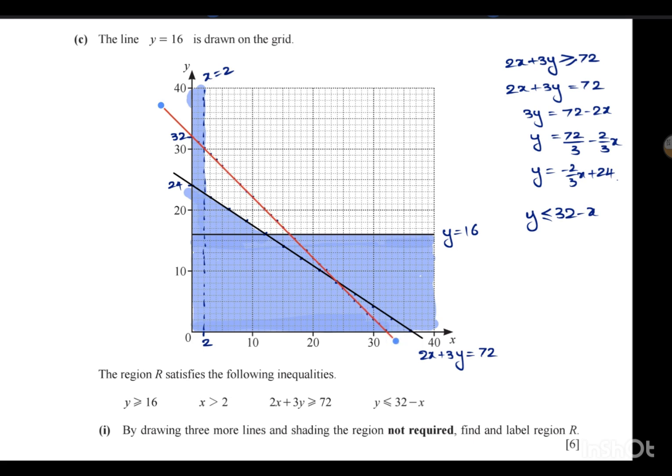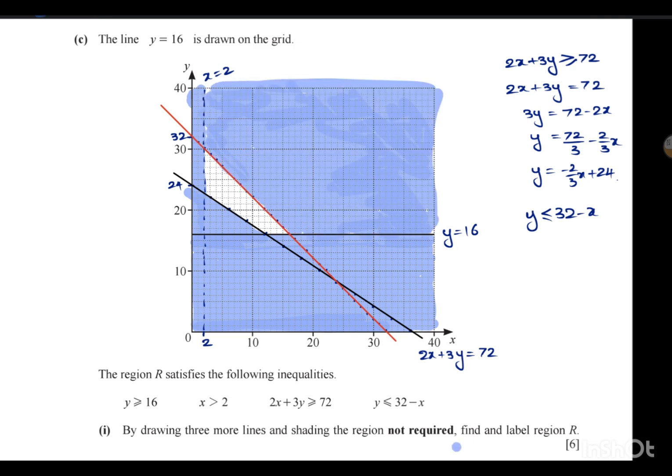Here it's given y less than or equal to, so it should be below the line, but you have to shade above the line because it is the not required region. I forgot to write the equation here, so let me write it: y less than or equal to 32 minus x. This is the equation. So this is the region R now. Name the region here R. Question number 1 is done.